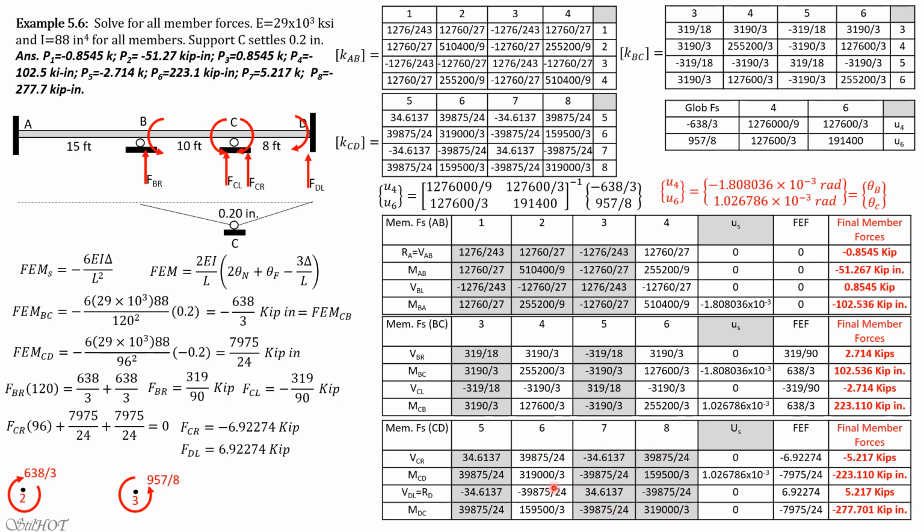So this is the active column, 39875 over 24 times 1.026786 times 10 to the negative 3 radian, plus the fixed end force, which is FCR, and FCR is negative 6.92274. You will get negative 5.217, and the same is true for the rest. These are the values.